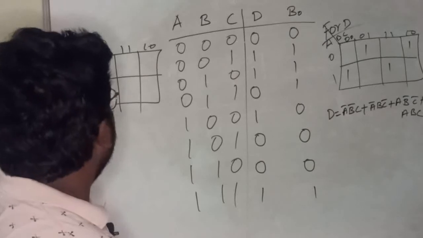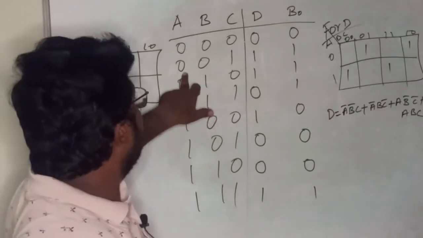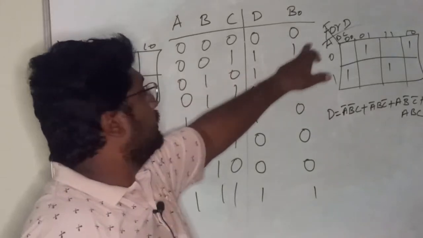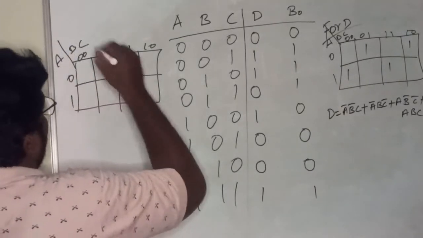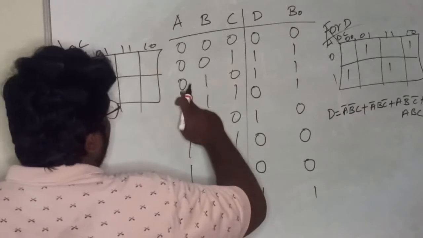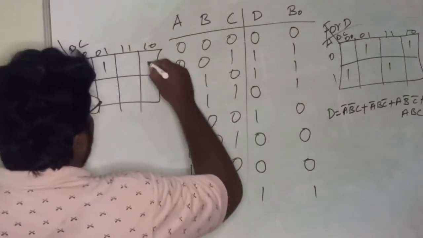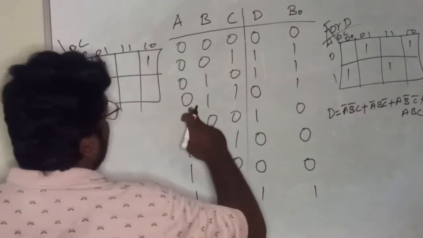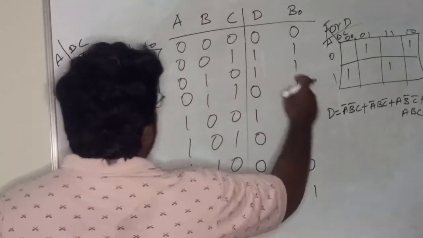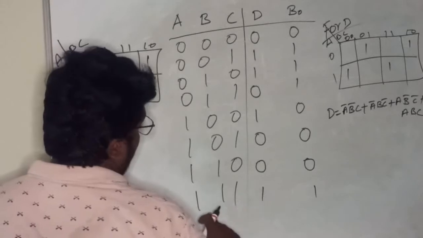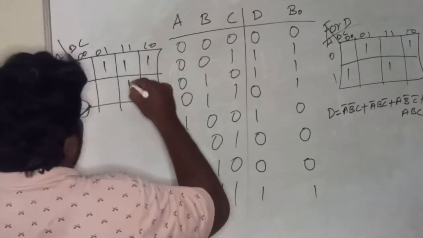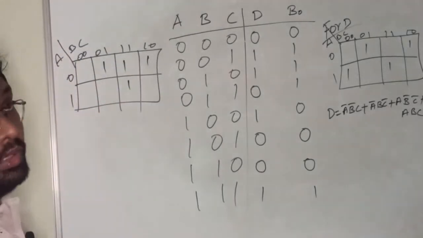If you observe here, when we have the inputs 0 0 1, the borrow will be 1, and when it is 0 1 0, the borrow will be 1. When the inputs are 0 1 1, borrow will be 1, and finally when the inputs are 1 1 1, borrow will be 1.